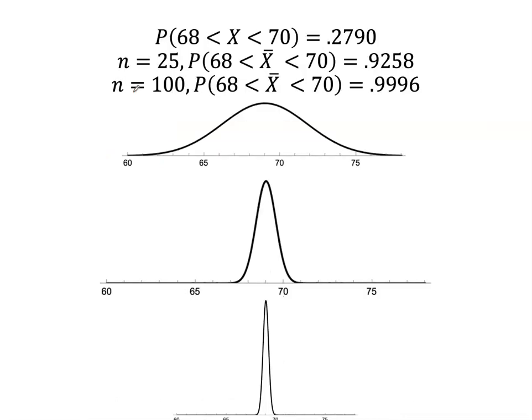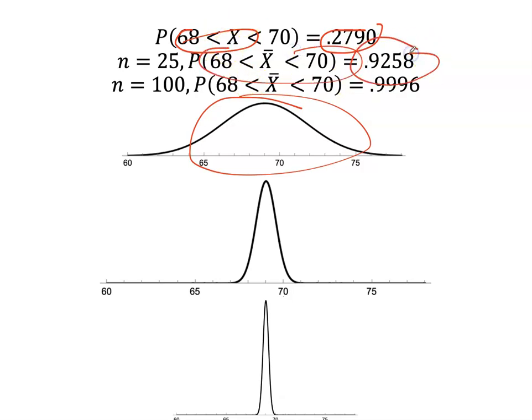Let's put the three of these together. So if you randomly choose an American guy, the probability that he's between 68 and 70 inches tall is 0.2790, because the distribution of heights looks like this. If you take a group of 25 American guys, the probability that the sample mean will be between 68 and 70 is much larger. It's 0.9258.